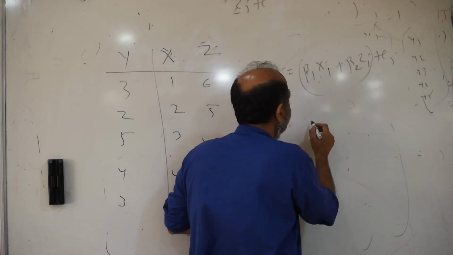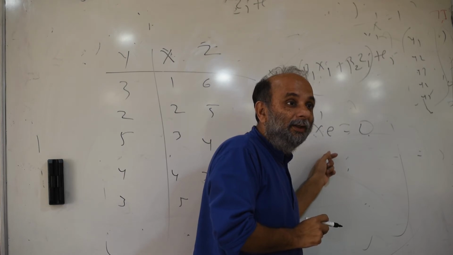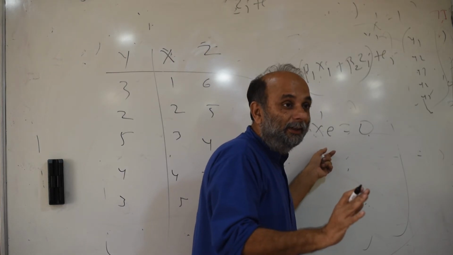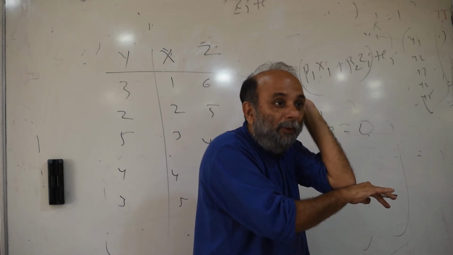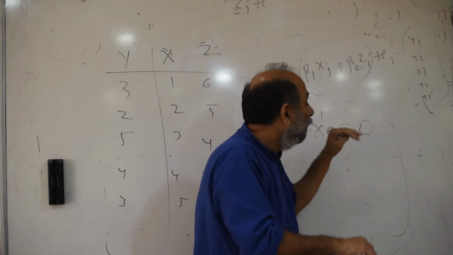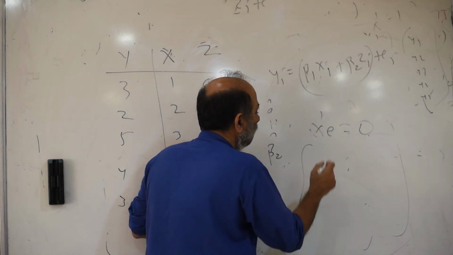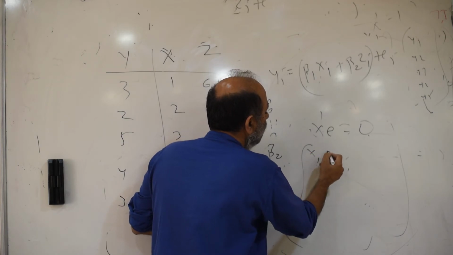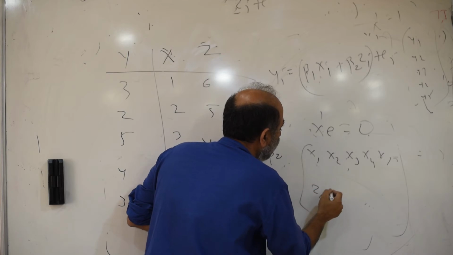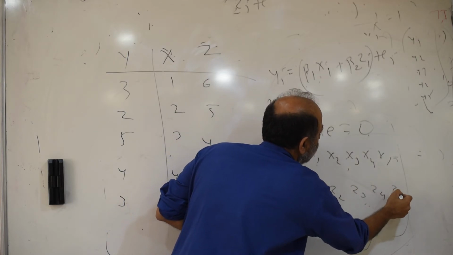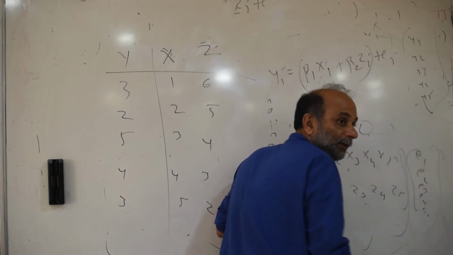We obtained it from saying that solving x dash e is equal to 0. The E was required, we don't know what the E is, but we know that x and E have to be perpendicular. Right. So by solving x dash E is equal to 0, a little bit of math again. What will x dash E be? It will be x1, x2, x3, x4, x5, z1, z2, z3, z4, z5 into E1, E2, E3, E4, E5, right?